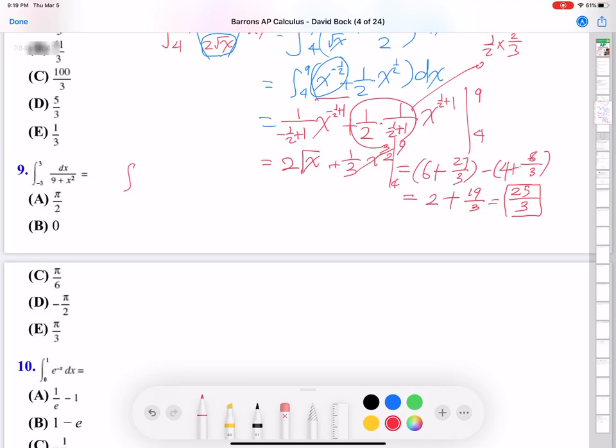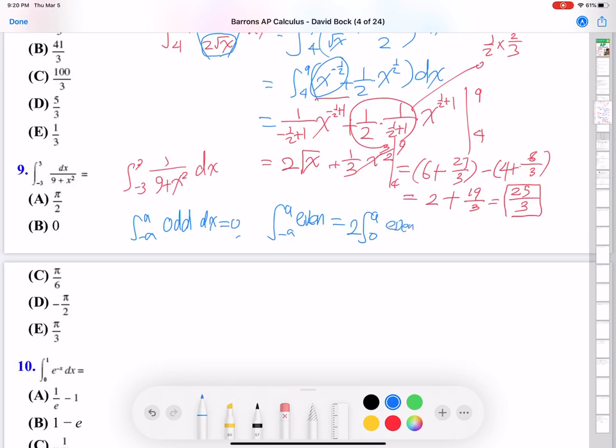Integral from -3 to 3, and an even function is one where all the powers or exponents are even numbers, right? So what is the formula? You remember the integral from -a to a of an odd function dx is 0, but the integral from -a to a of an even function is 2 times the integral from 0 to a of that even function dx, because even functions are symmetric about the y-axis, so the left side and right side have the same area.